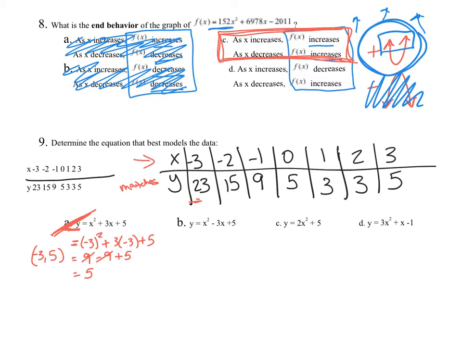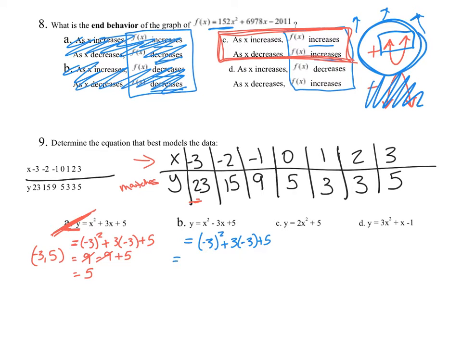Okay, let's do the next one. Let's plug in -3 again. -3 squared plus 3 times -3 plus 5.